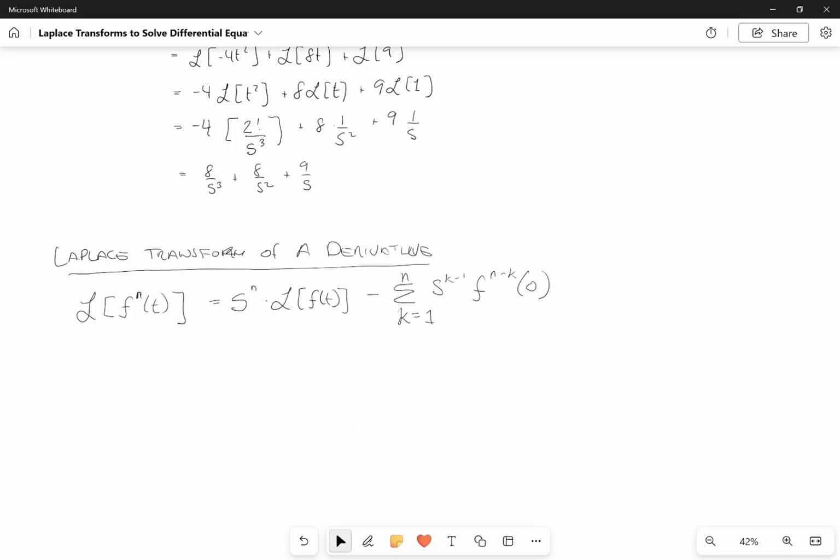So the Laplace transform can take a derivative as long as you know the initial value problem.